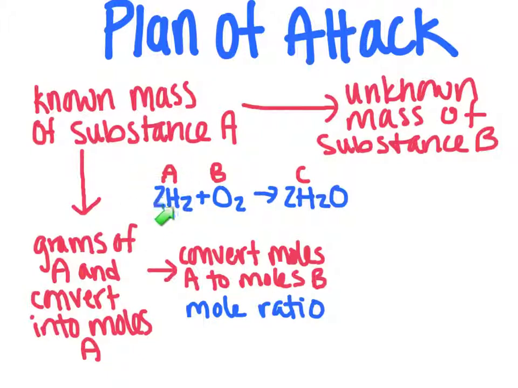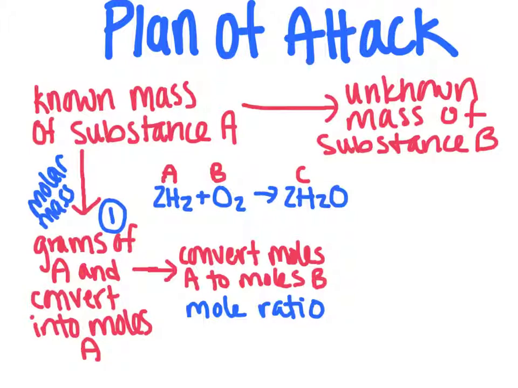In this case, I just sort of labeled it so it would make sense. It's H2. Okay, so in that step, if I have grams, I can convert them into moles, and then I will have moles. And I can measure grams, so that's useful. In order to do this step, you need the molar mass. Okay? So for this first step, I'll deem it step 1, you need molar mass.